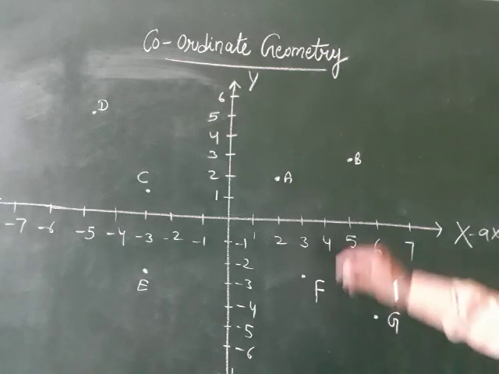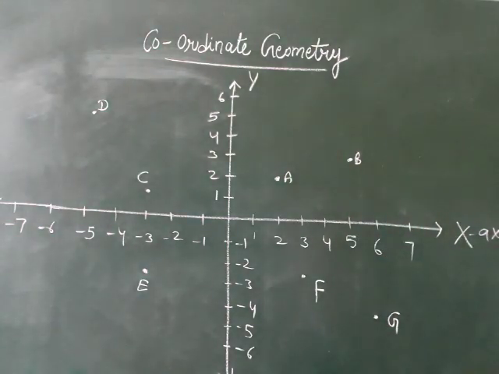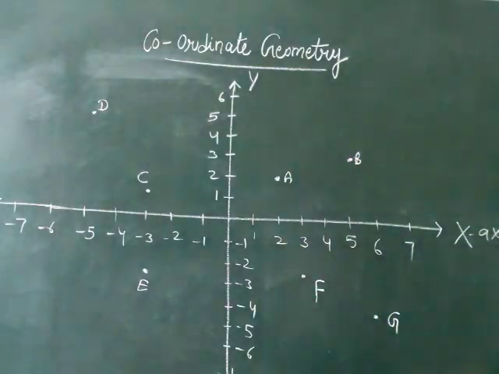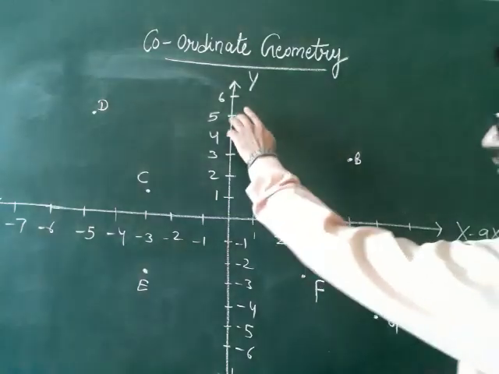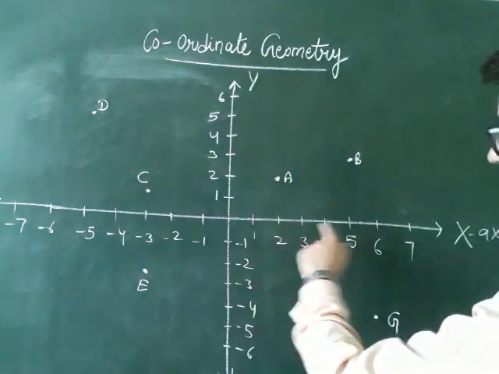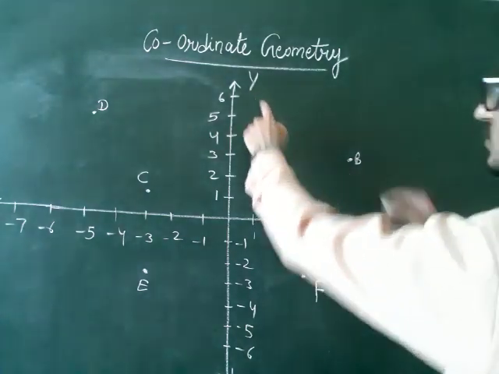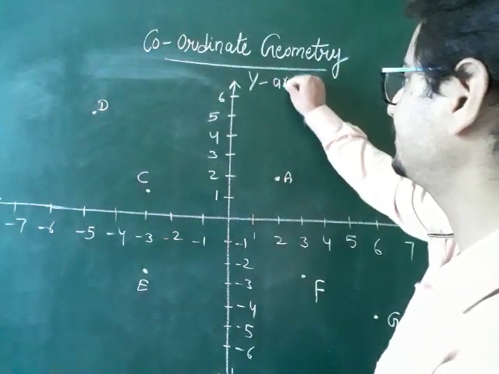Now in this video we will learn how to read coordinates with the help of xy plane. You can see I have drawn horizontal line which is known as your x-axis, and vertical line which is known as your y-axis.